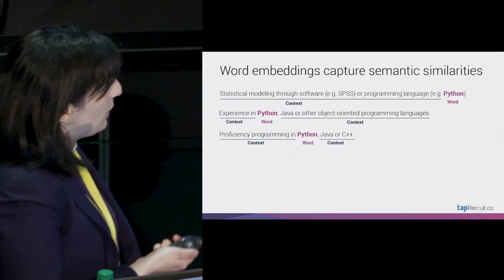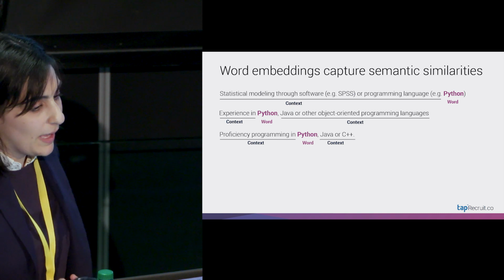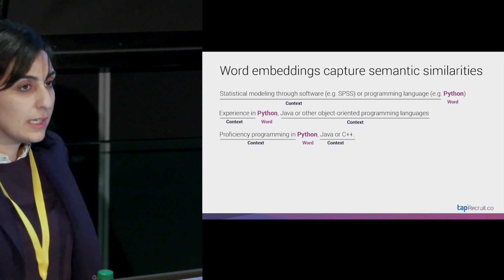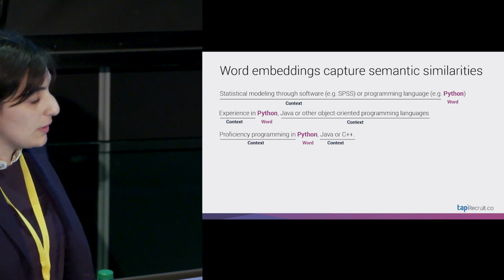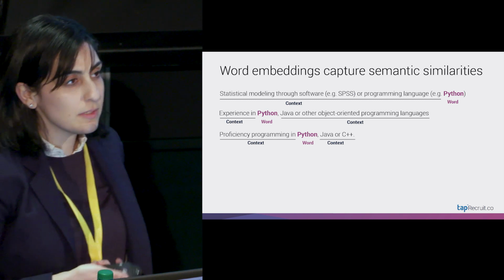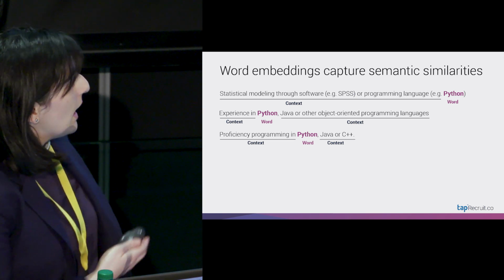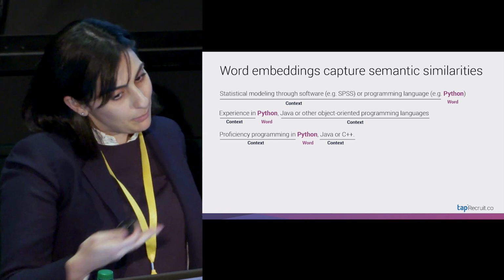So let's talk about word embeddings. Word embeddings are the third approach we're going to talk about. I'm specifically going to talk about dynamic word embeddings, but I wanted to get everyone on the same page about word embeddings. Word embeddings are essentially a distributional representation of the meaning of words in the context of their neighbors.